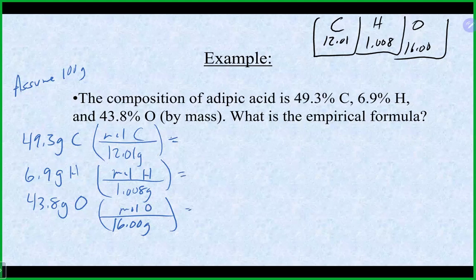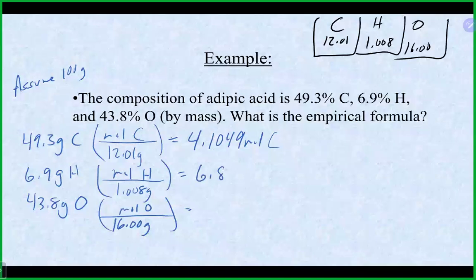So 49.3 divided by 12.01 looks like 4.1049 moles of carbon. 6.9 divided by 1.008 is 6.8452 moles of hydrogen. And lastly, 43.8 divided by 16 is 2.7375 moles of oxygen.